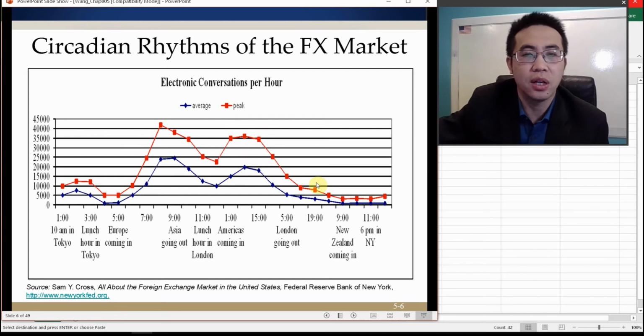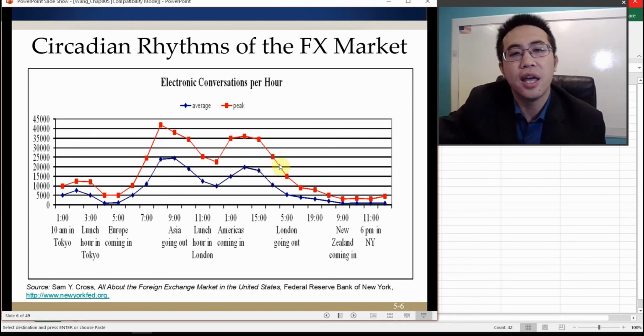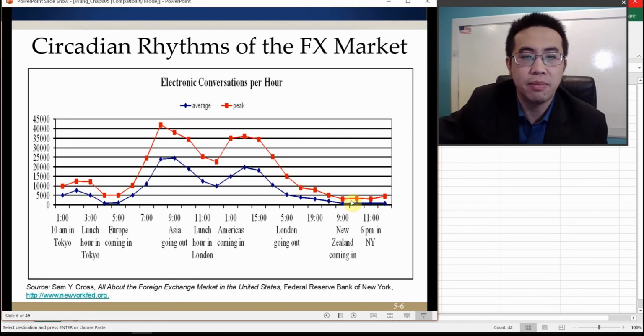If the Europeans traded roughly the same in the morning and in the afternoon, then the comparison of these two peaks tells us that the Asians are trading more than Americans in foreign exchange, when the Europeans' trading volume is flat over the day in our assumption. Okay, and then the Europeans are going out, only Americans are trading, and then the New Zealand people are coming in, and then the Americans are taking off, so it reaches the bottom for the whole day for the exchange trading.